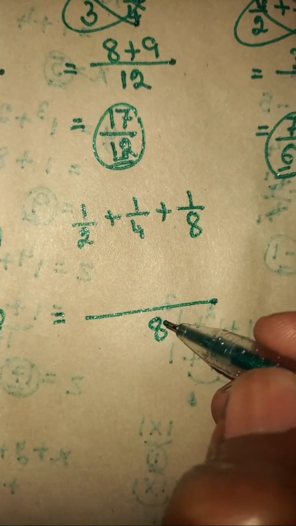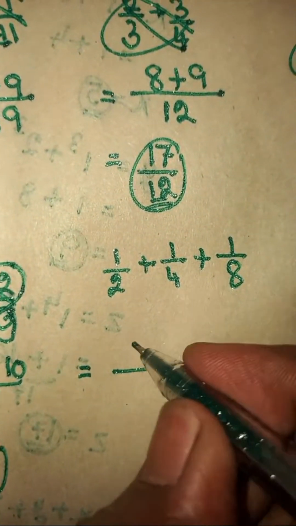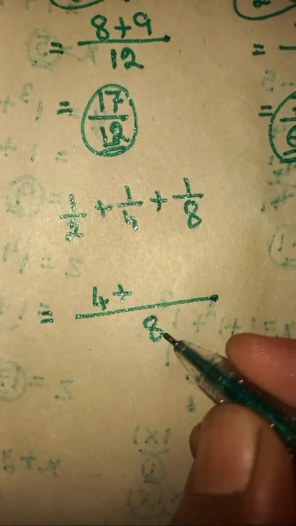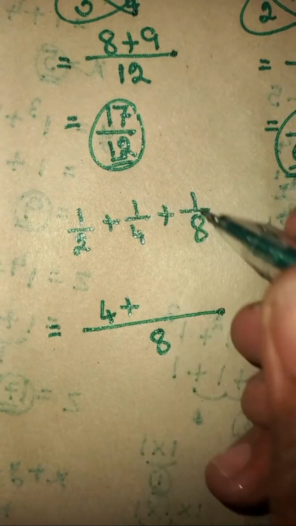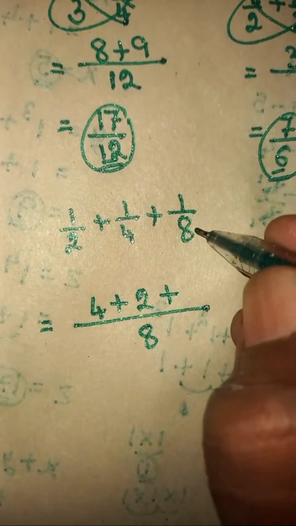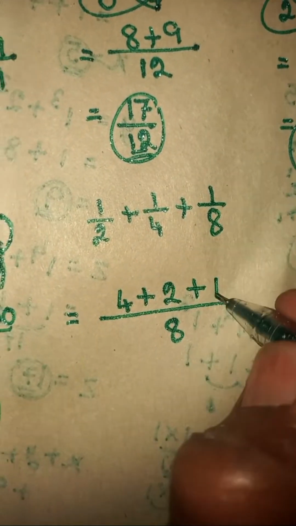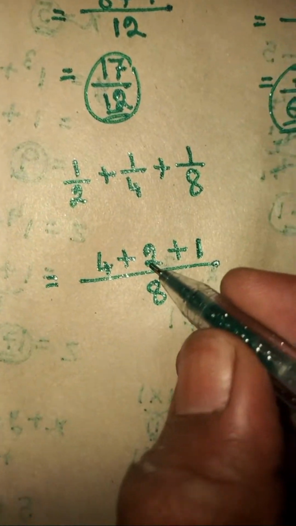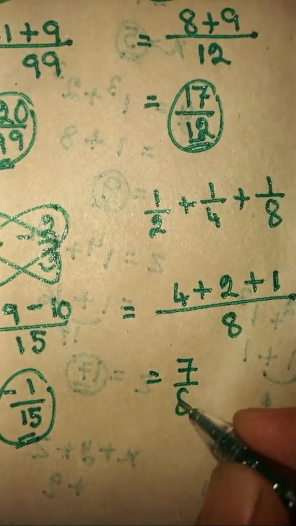And 2 times of 4 is 8, so multiply that 4 with 1 becomes 4, and divide this 8 by 4, 4 2 times is 8, so 2 times of 1 is 2, and divide this 8 by 8, 1 times is 8, so 1 times of 1 is 1. 4 plus 2 is 6, 6 plus 1 is 7. It becomes 7 by 8.